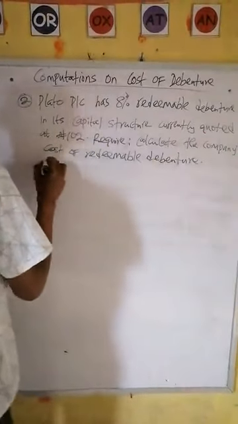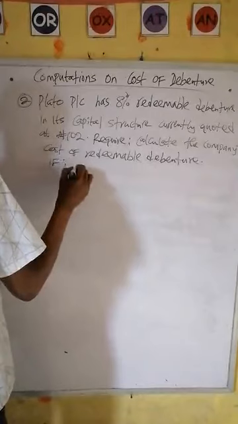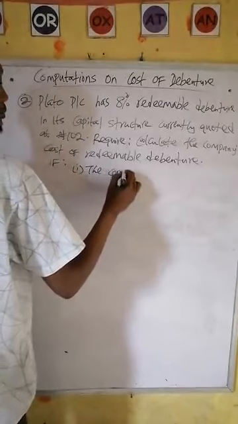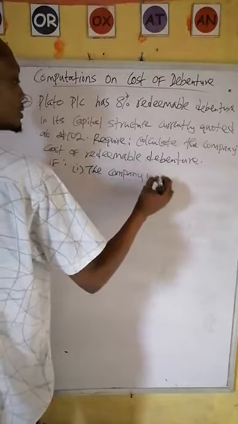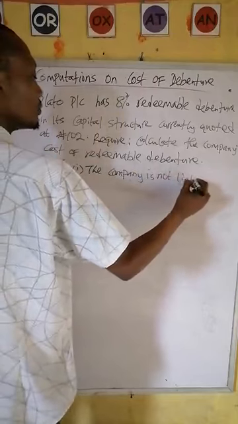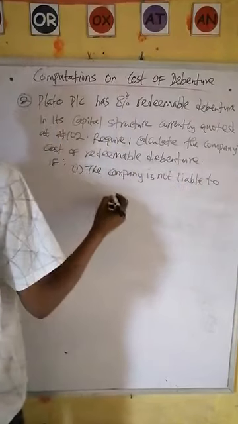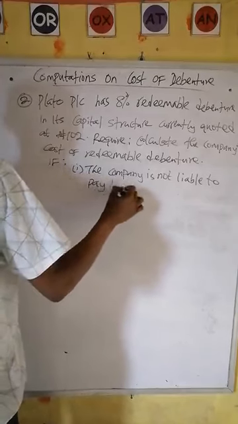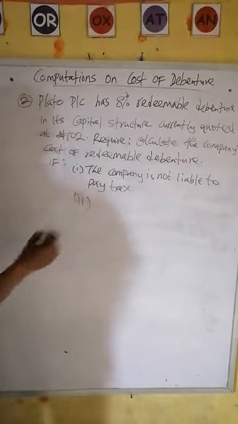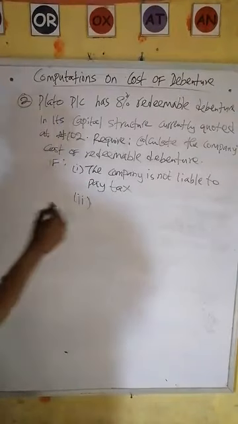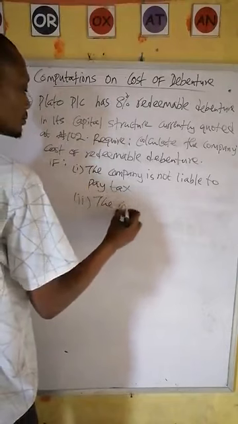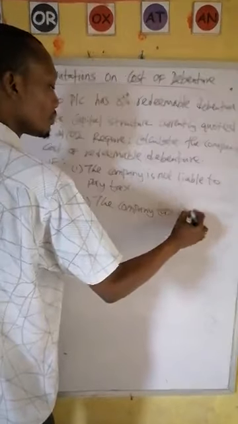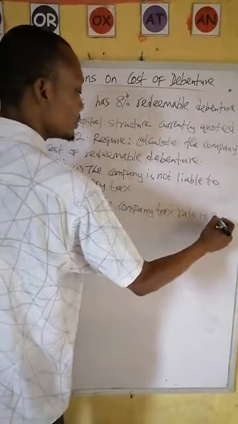One, the company is not liable to pay tax. Two, the company tax rate is 30%.